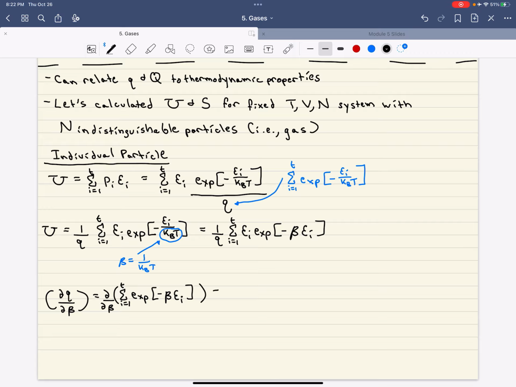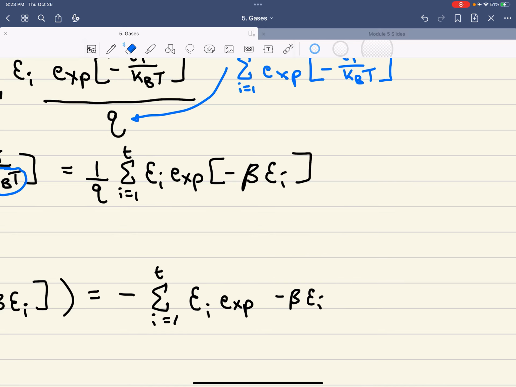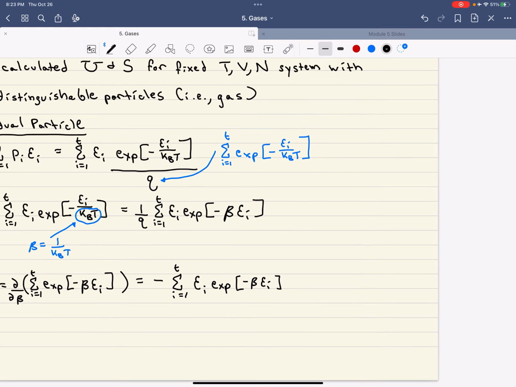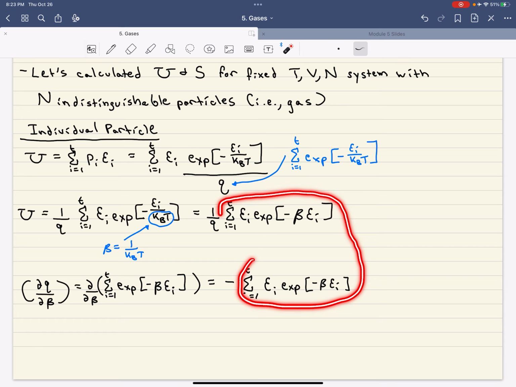When we take that derivative, we get this. As you can tell, when we take the derivative of q with respect to beta, we get this term, and this term is the exact same thing as that term.